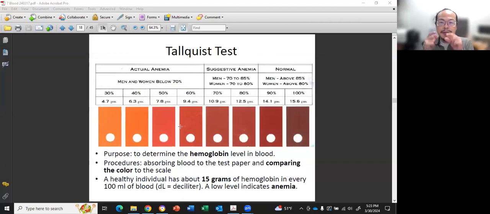So we're going to have the paper, drop blood on it, and then compare the color of the blood with this table. The normal range of the hemoglobin is about 15-ish, about 15 grams per 100 milliliter, or deciliter. So that's the normal range.